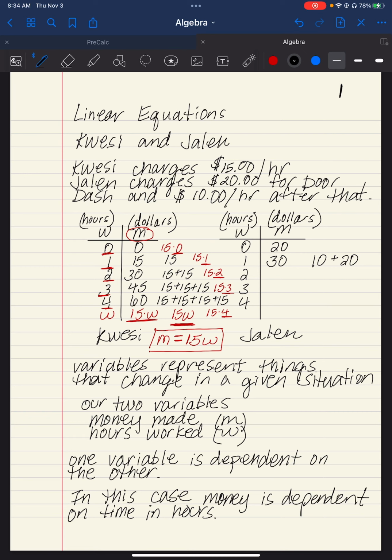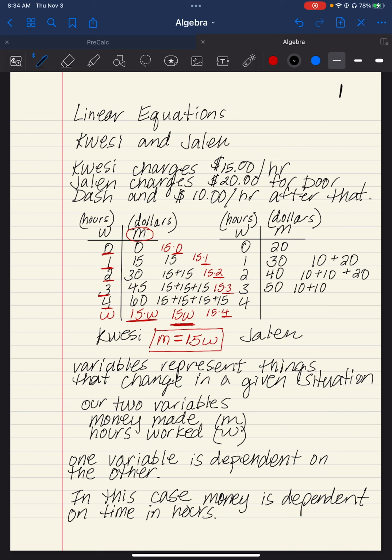All right. How about if he works 2 hours? If he works 2 hours, he's going to make $40. How did I get that? Well, he worked for 2 hours, each at $10, and then he gets that $20 added on. If he works for 3 hours, he's going to make $50. You're starting to see the pattern.